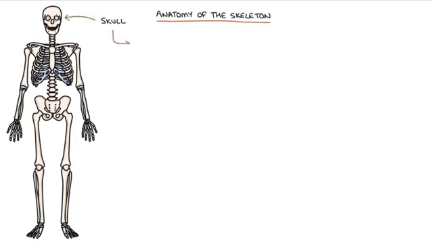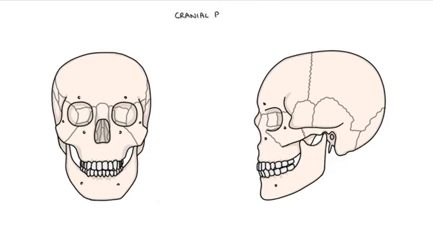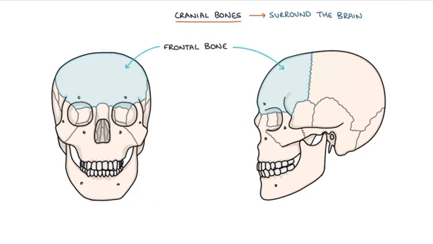The skull consists of the bones of the head. The cranial bones surround the brain. At the front is the frontal bone. At the top is the parietal bone. And at the back is the occipital bone.